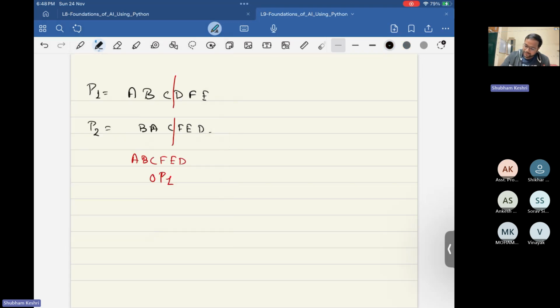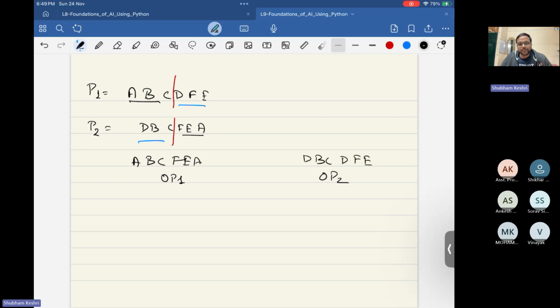Suppose parent two is actually D, B, C, F, E, A. Now what will offspring 1 become? Offspring 1 becomes A, B, C, F, E, A. And offspring 2 will become D, B, C, D, F, E.